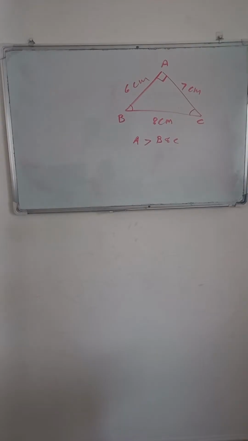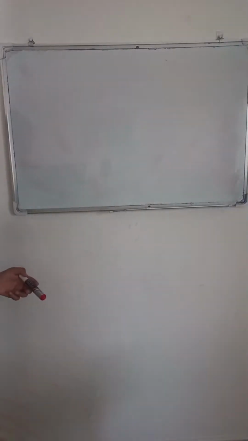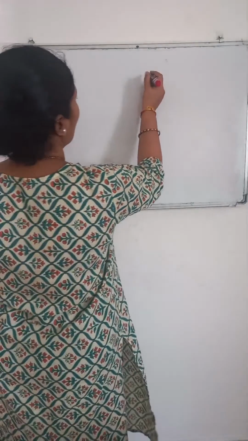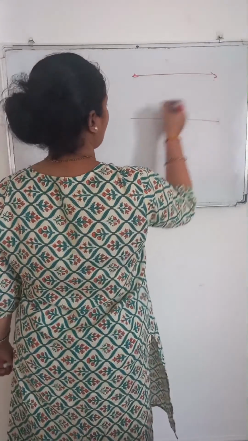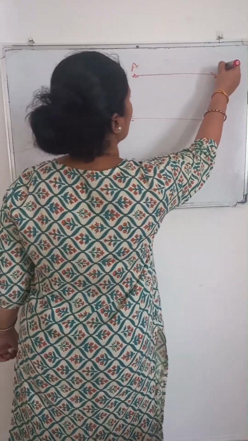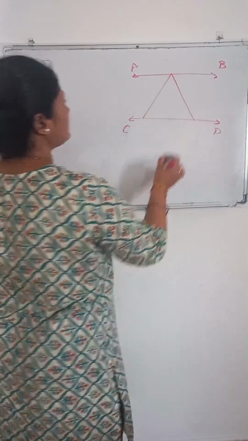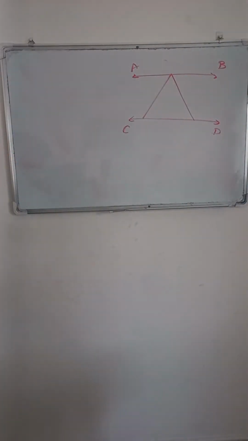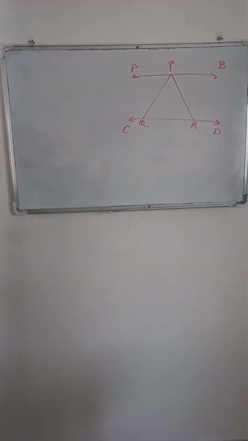Okay, so here the figure is given. We have two parallel lines, AB and CD, and inside that there is a figure situated, with the names PQR.